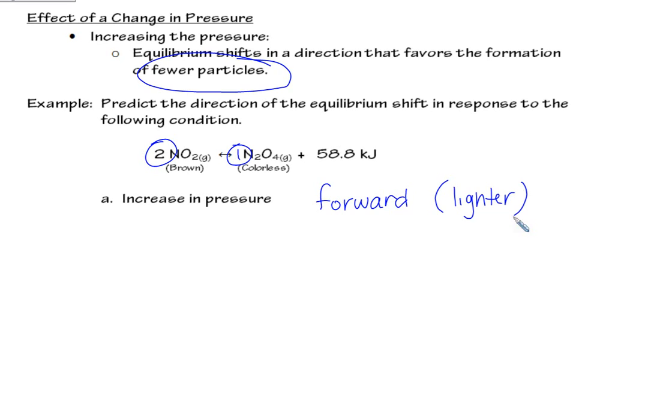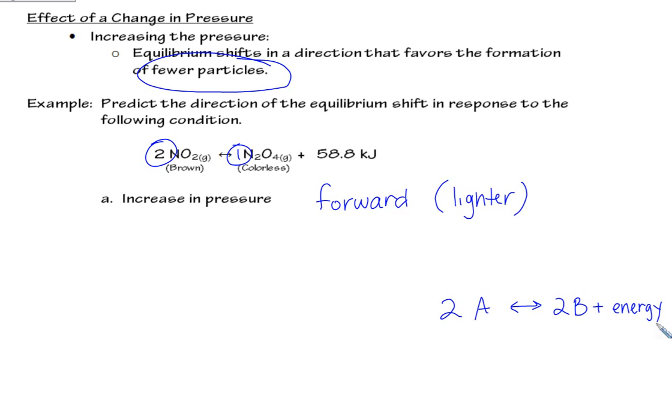Now, we could argue in this case for temperature. Going forward, I'm producing energy. So if by chance I had the same amount of particles on both sides, something like 2A, and something like 2B plus energy, and I increased the pressure, could I maybe then shift away from energy?